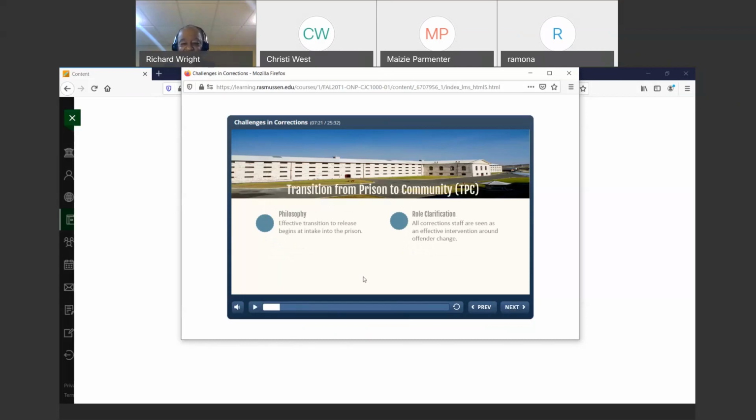And then all correction staff participate effectively in the role that they are assigned to the individuals that they have to deal with. And the key thing is, again, to move that person towards not coming back or decreasing recidivism.